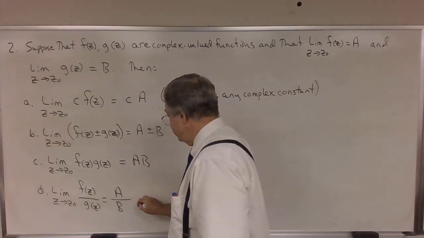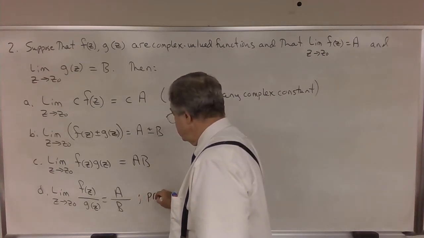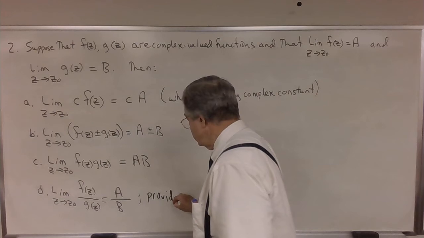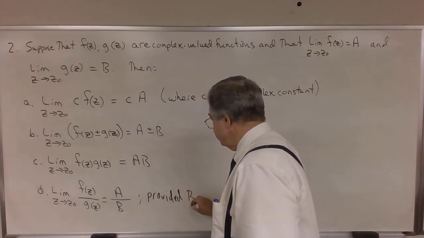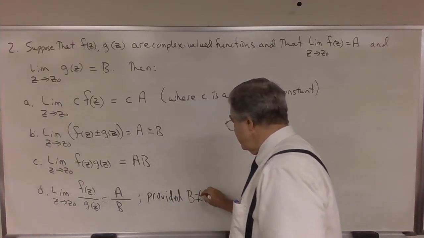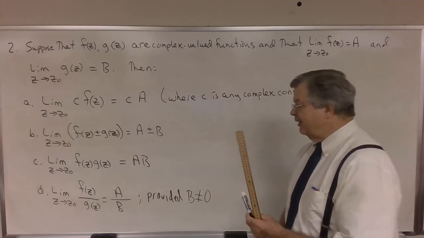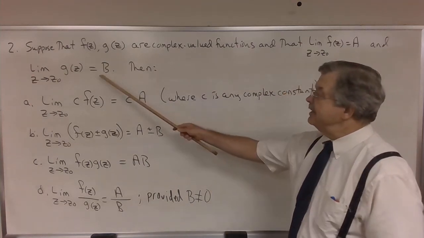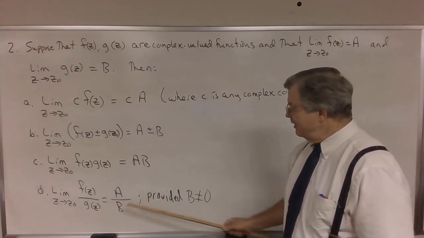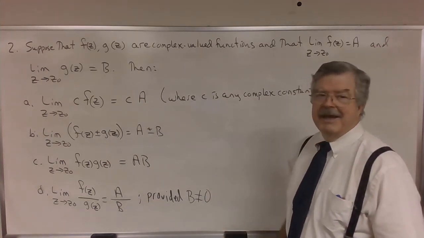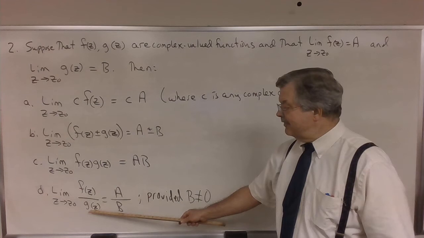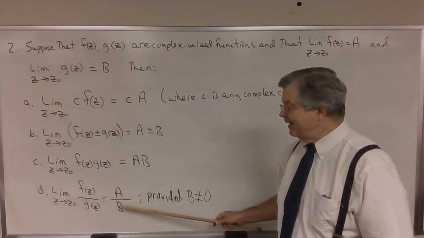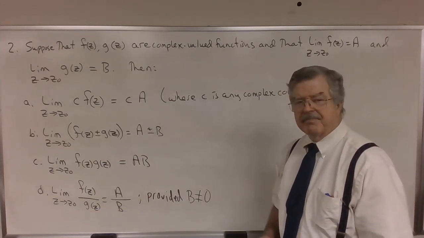Shame on me. This works just as long as b, the limit of g of z, is not 0. And that makes sense. If the limit of the denominator is 0, we're not going to put 0 down here.